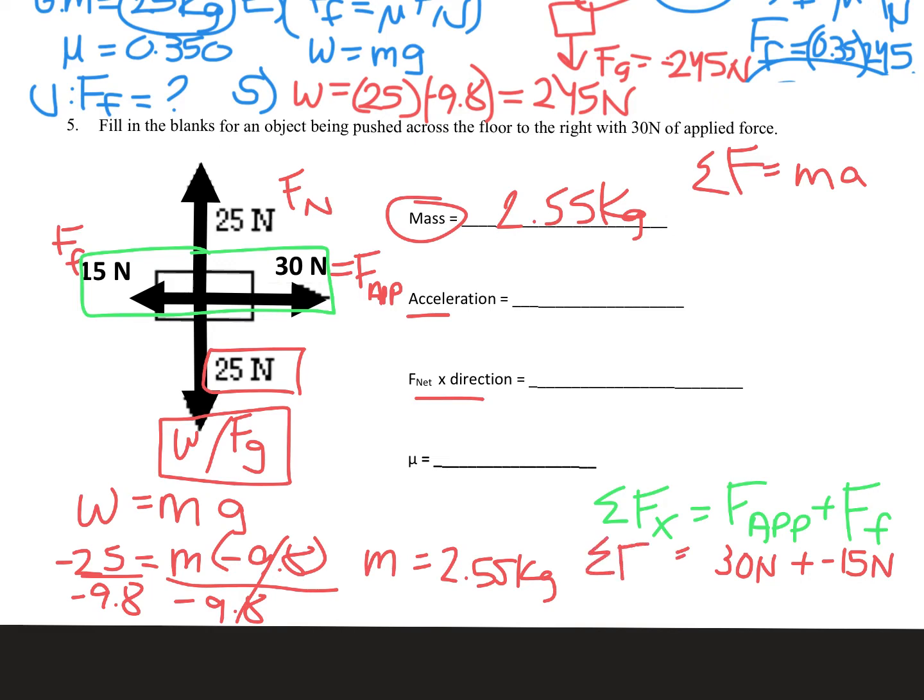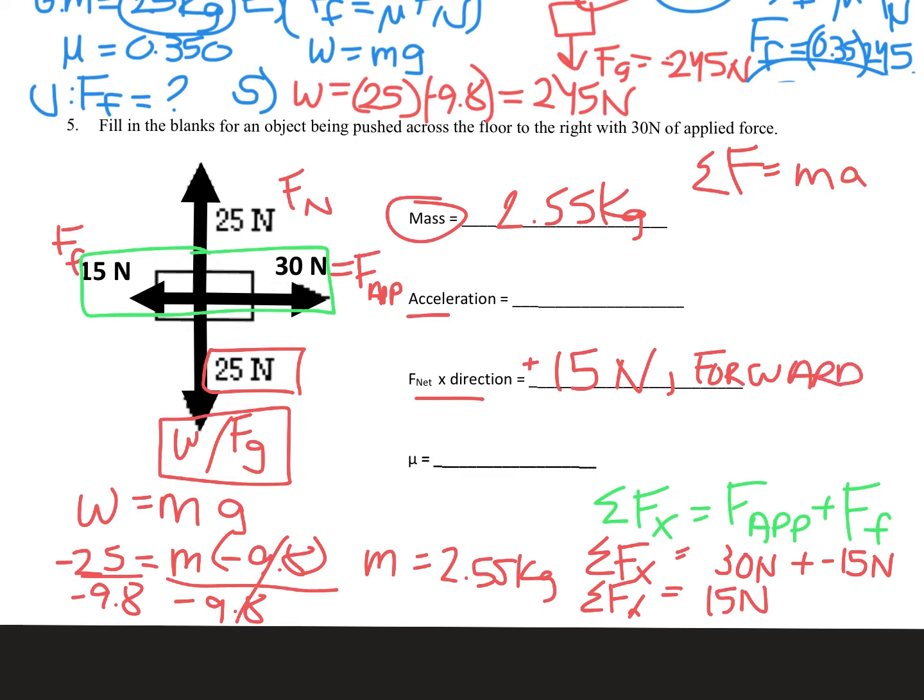So when I add those up, 30 plus a negative 15, I end up with a positive 15 newtons overall for my net force, which means that my net force in the x direction is 15 newtons forward. So I might put a little plus sign to remind myself. You could say to the right or forward, or just leave it literally as 15 newtons because it's positive, that's the direction. But now we found our net force.